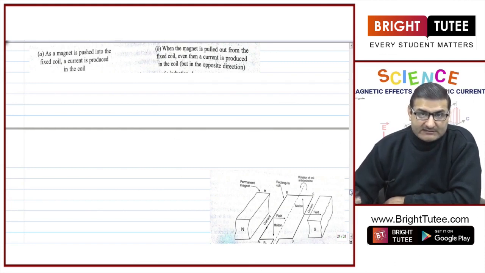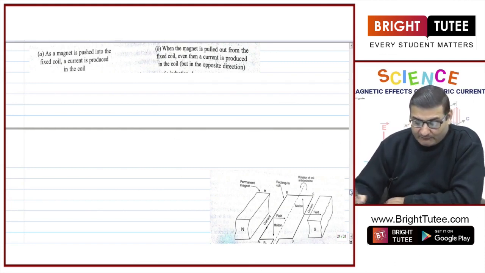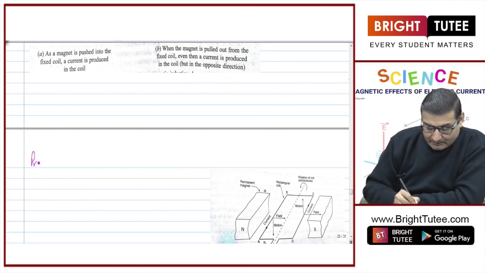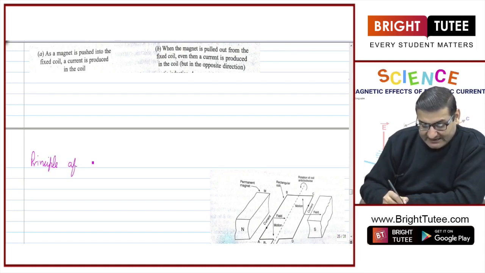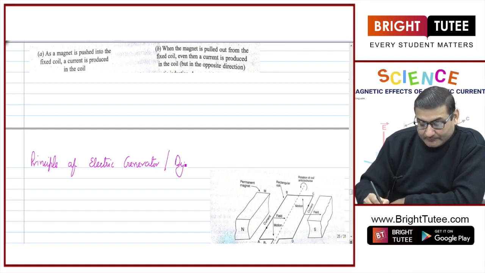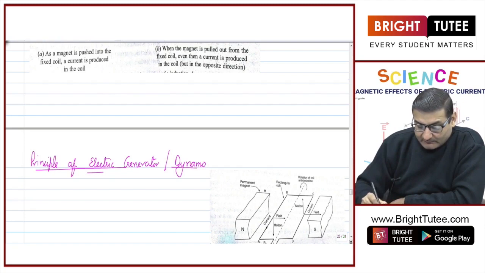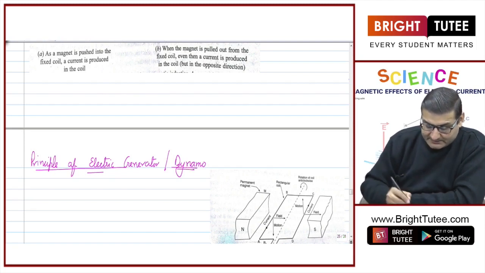On the basis of this right hand rule, we form the principle of electric generator, or we call it a dynamo. Now, this dynamo or electric generator works on this principle. Which principle?